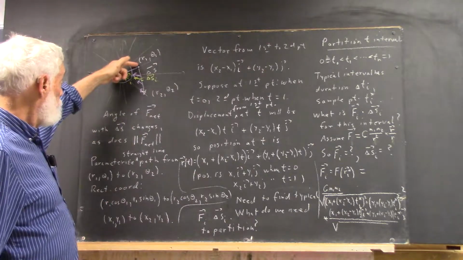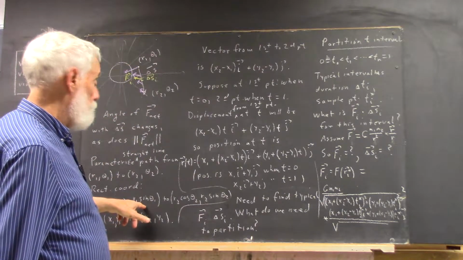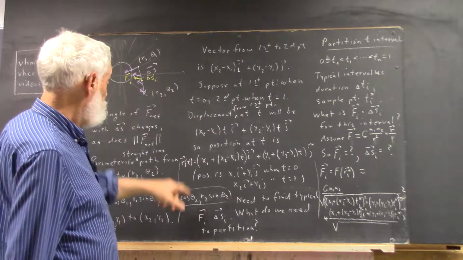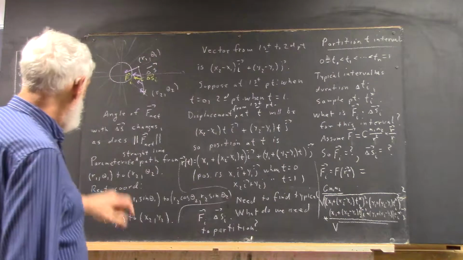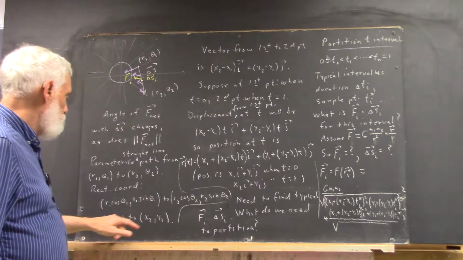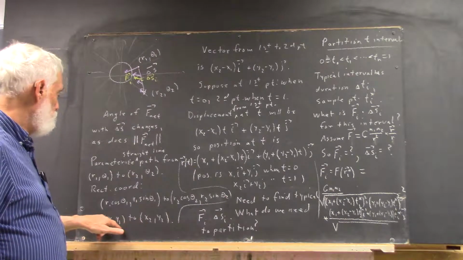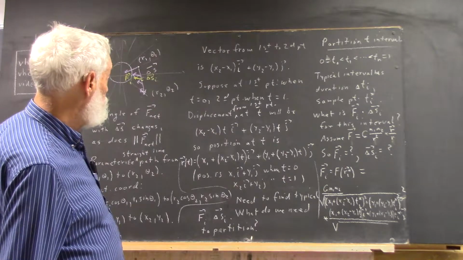Here it's r1 cosine theta 1, r1 sine theta 1, and here r2 cosine theta 2, r2 sine theta 2. That would be our x1, y1 and our x2, y2.